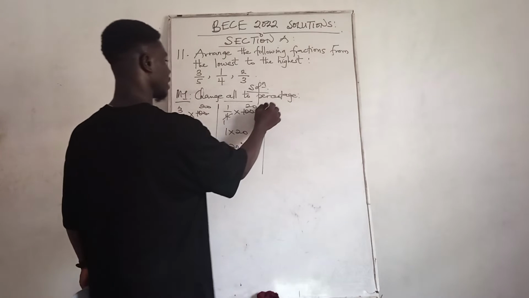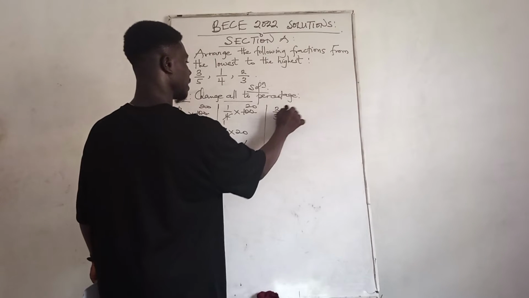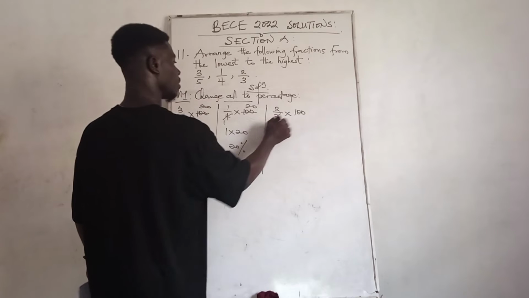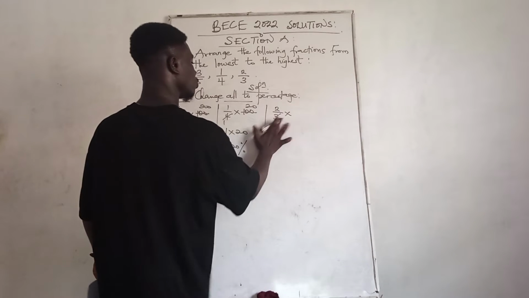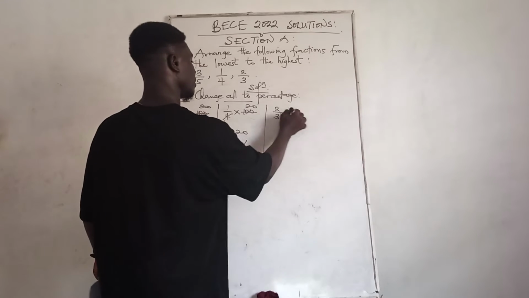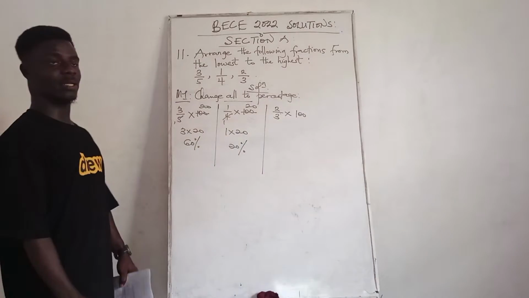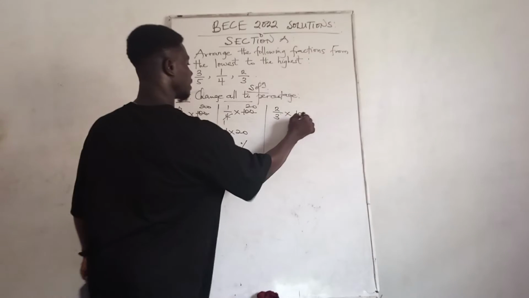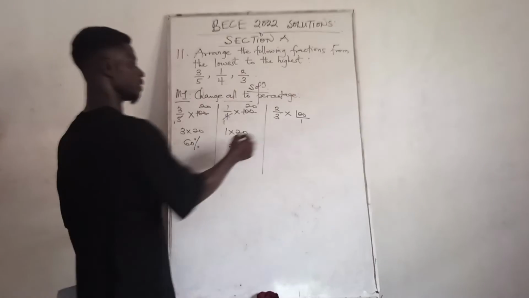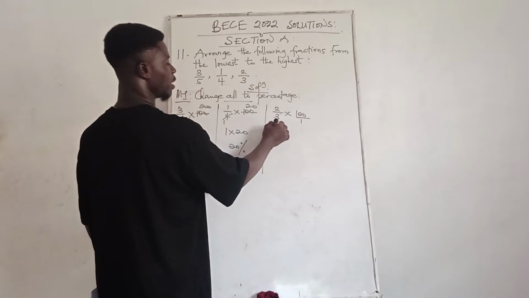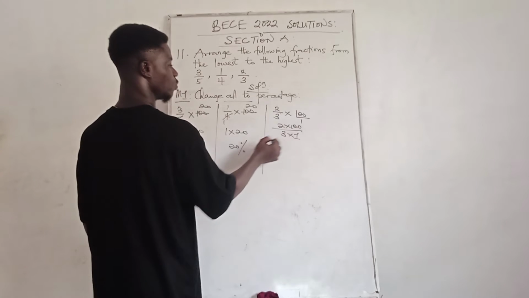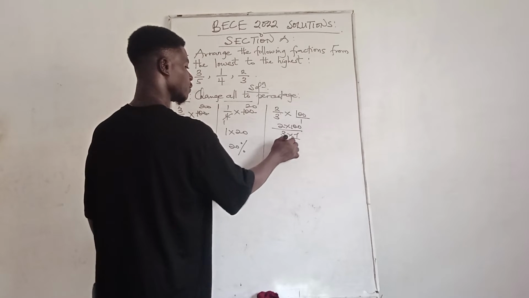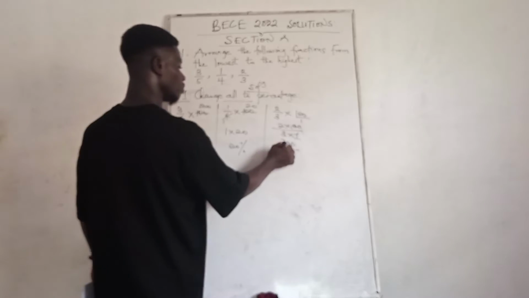Then my last one, 2/3 times 100. 3 cannot go into 100 exactly, so better still, we multiply the numerators, then multiply the denominators. So we get 2 times 100 all over 3 times 1, which is 200 over 3.